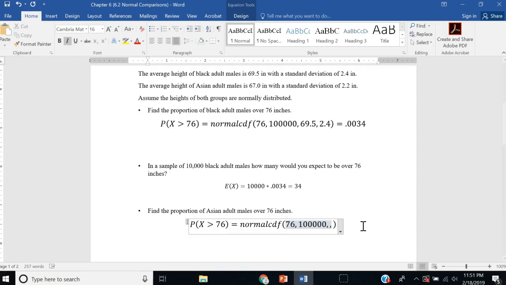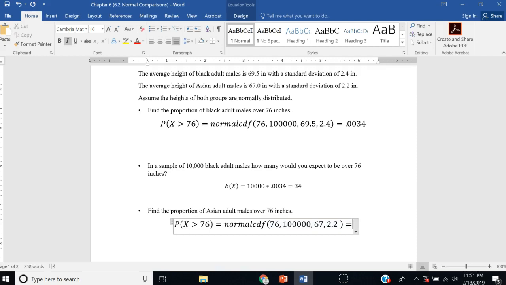So we're going to go 76 is our minimum number, our big number, and then comma. Asians have a 67-inch average and a 2.2 standard deviation.